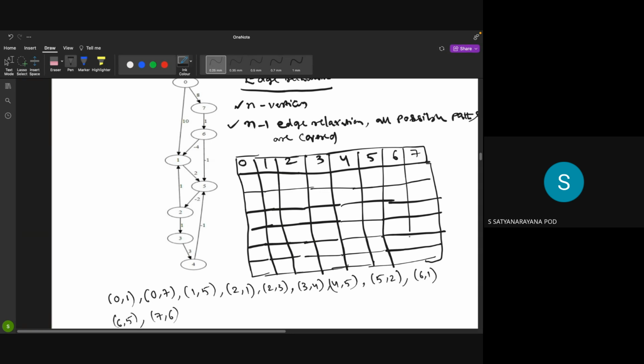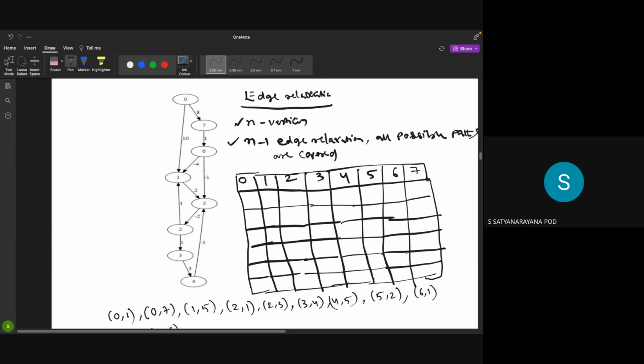So this is my edge relaxation matrix. Yes. So let me start that. So here also the source we are fixing because it's also single source shortest path. So the source is my 0th vertex, its distance is 0. The rest of them we are having as infinite.